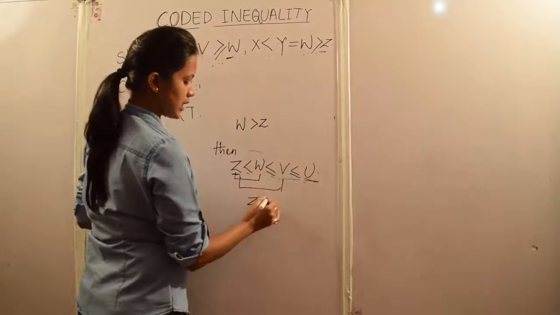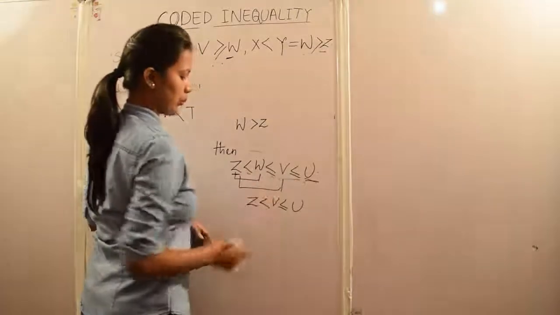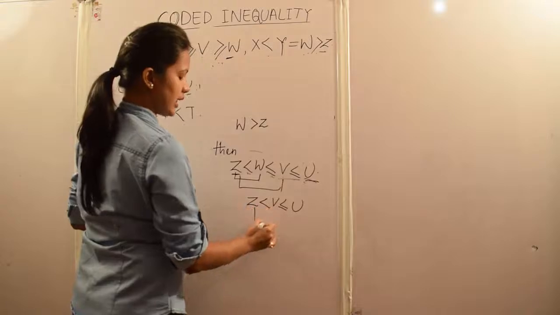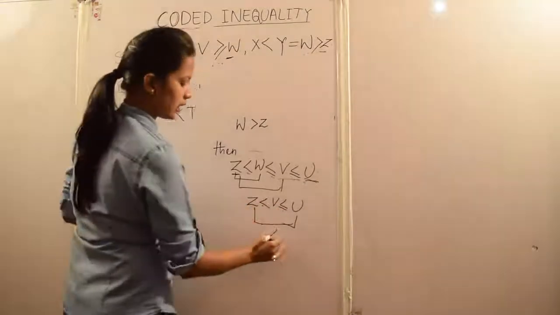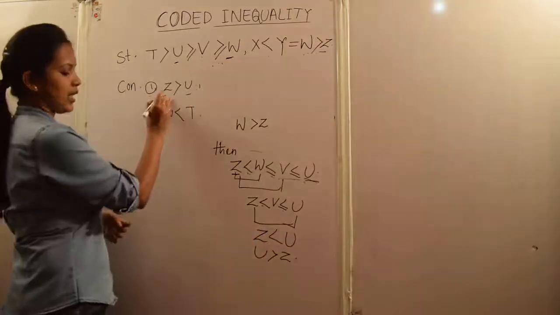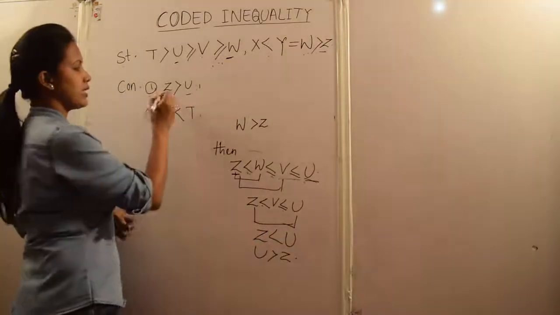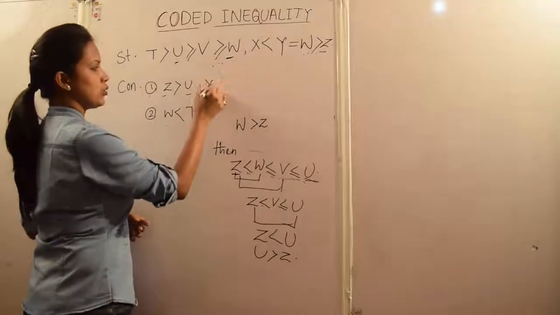So we can say Z less than V, then V less than or equal to U. Then between Z and U, the common inequality is less than. So we can say Z less than U. But in the first conclusion, it is given Z is greater than U. So it is clear that the first conclusion is wrong.